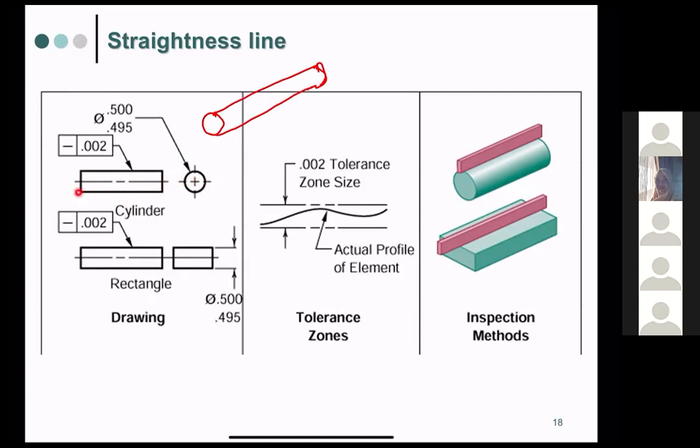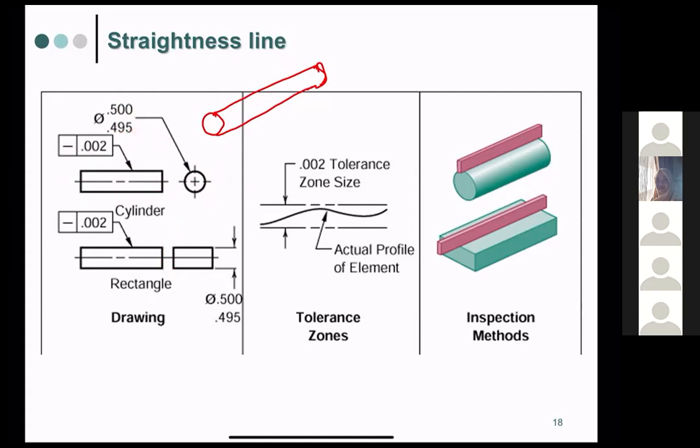Yeah, the axial line. Okay, and then over here it has this symbol, like stripes like this, and it's called flatness. Sorry, straightness. Straightness 0.005, while here the diameter is between 0.5 and 0.45, in the rectangle.